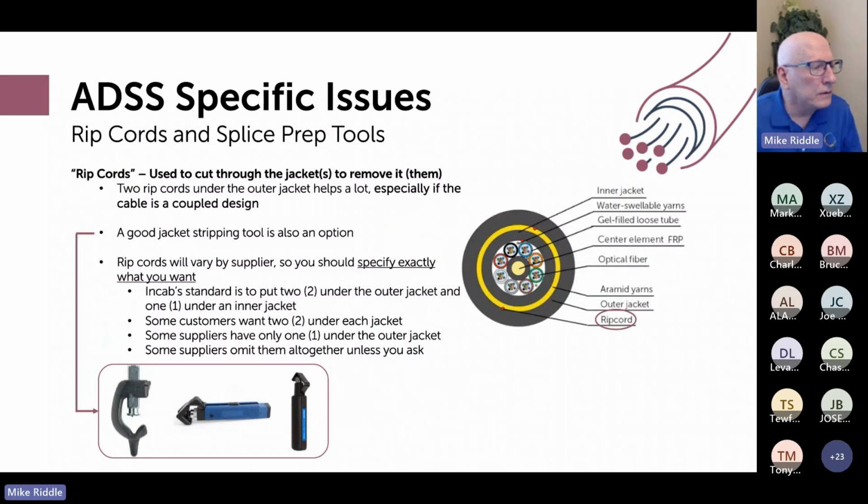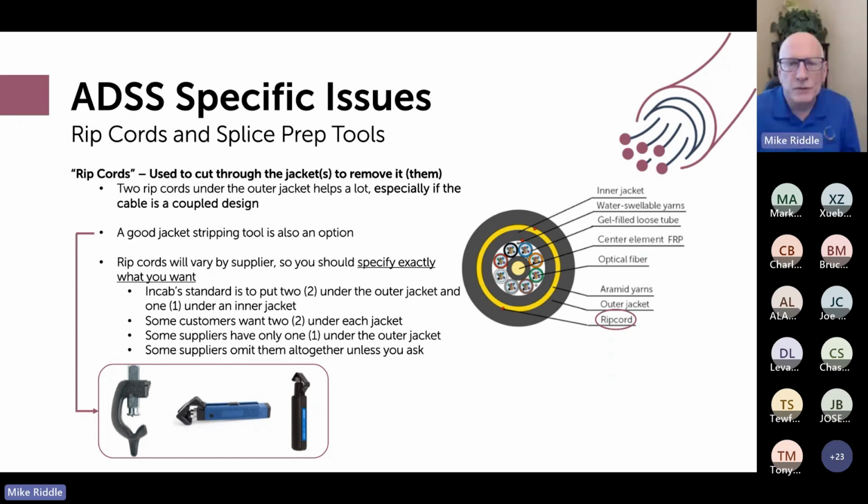And just a closing thought, I've already talked about rip cords. They do help, but there's no standard practice for rip cords. So, we think having two under the outer jacket and one under the inner jacket is a good way to go, but ultimately it's really up to you. Anybody can do whatever you want within reason.